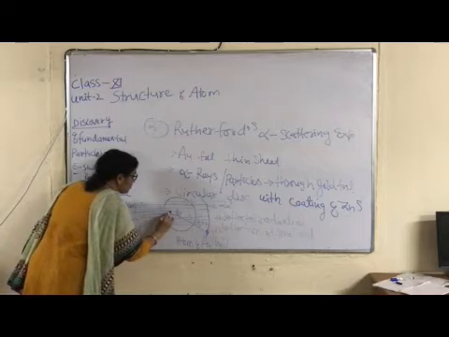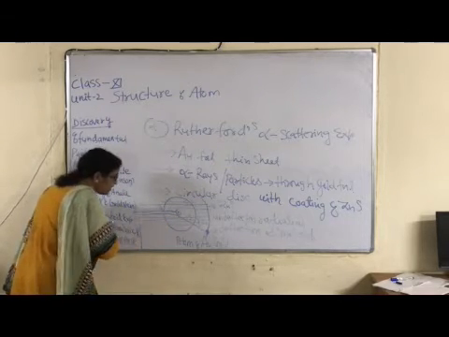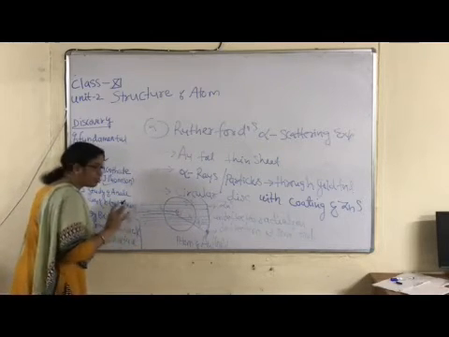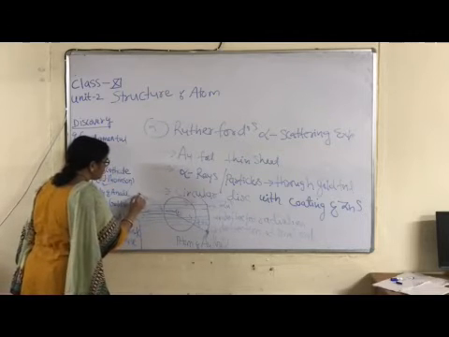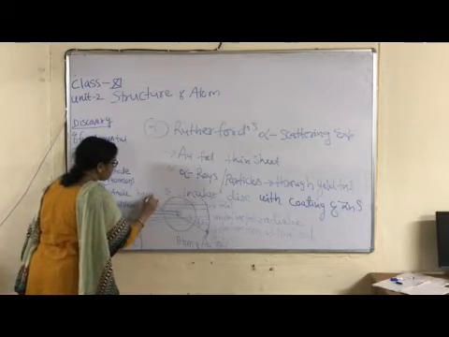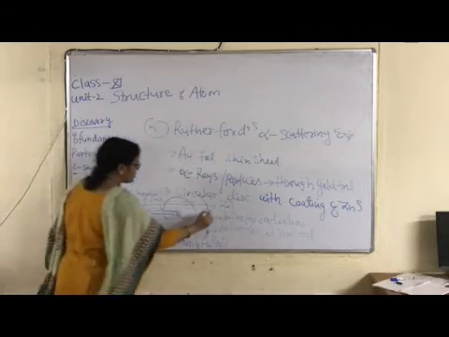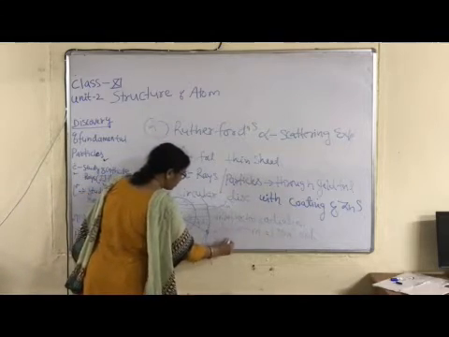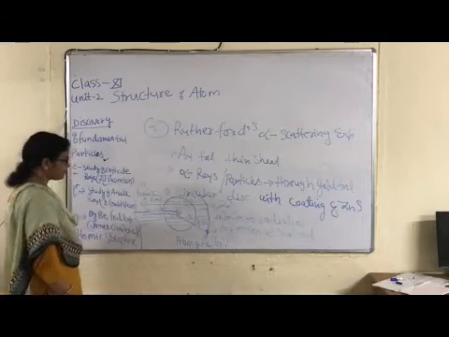Third observation: the forward directed arrow shows movement of the ray in this direction and backward in the reverse direction. It means bounced back. This one is reversed. Right, children? So three important observations. First one, no deflection occurs. Second, deflection at a small angle. And third one, bounced back.